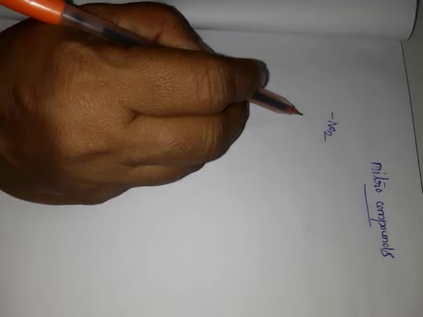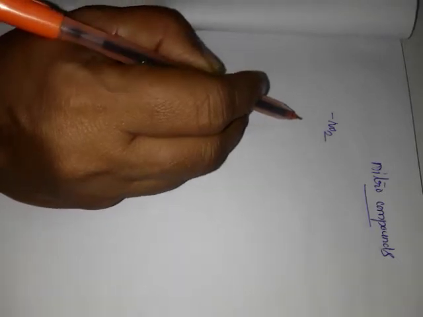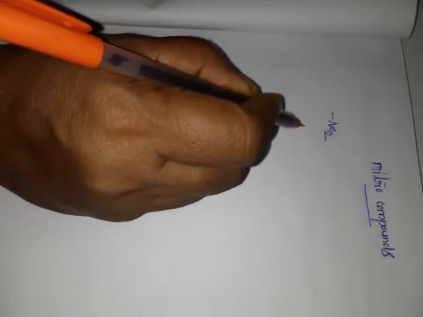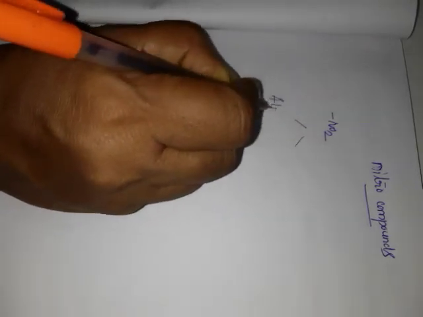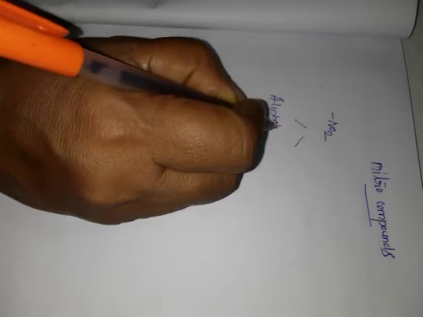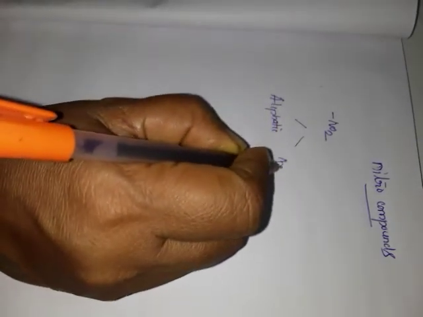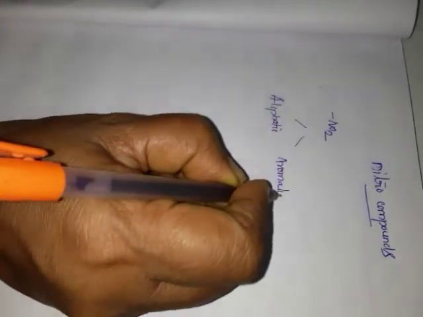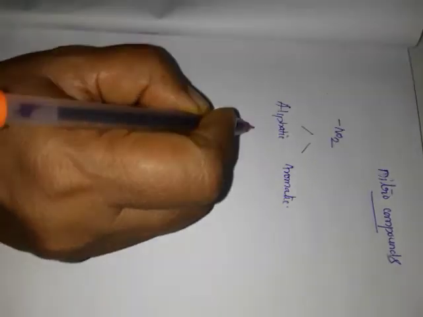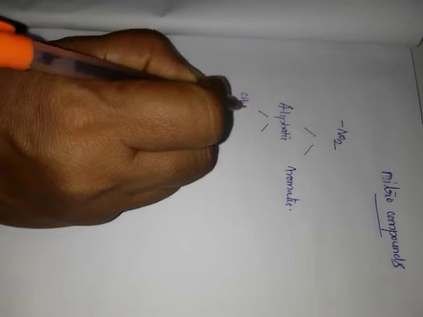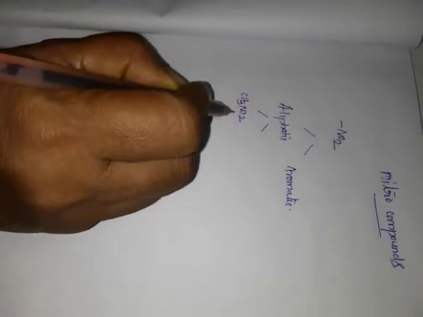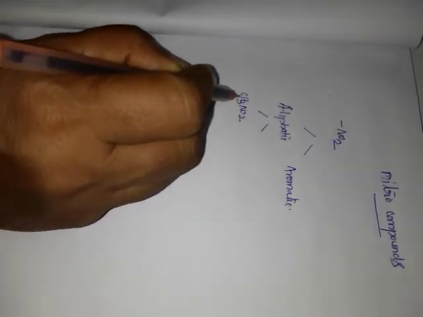This nitro compound, that is, organic compounds containing the NO2 group, is divided into two types. One is aliphatic nitro compounds. The second one is aromatic nitro compounds. Aliphatic, that is, CH3NO2, is called nitroalkane, nitromethane.